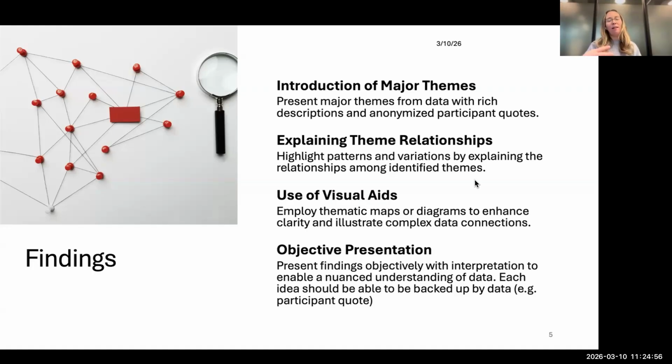Or, I like to write things down, so if you have Post-it notes, write things onto Post-it notes and post them all over the wall or all over the table, and see if you can find different ways in which those pieces of data are in conversation with each other. Very much like you see here on this little pinboard diagram, they might have the theme, and these might all be participant quotes. You want to start to see where these connect with each other, and does that change the story?